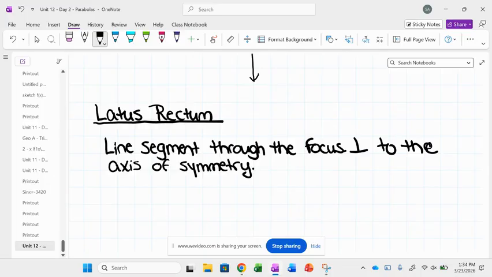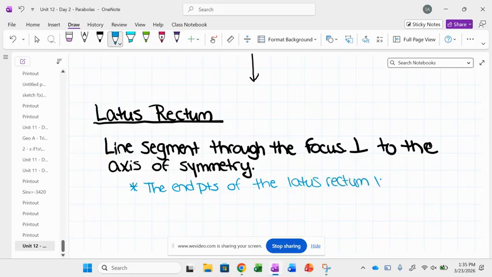So let's go back to the diagram after you guys finish writing this. Go back to the diagram above. Oh, sorry, let's put a little star here and we're going to say the endpoints of the latus rectum will be on the parabola.